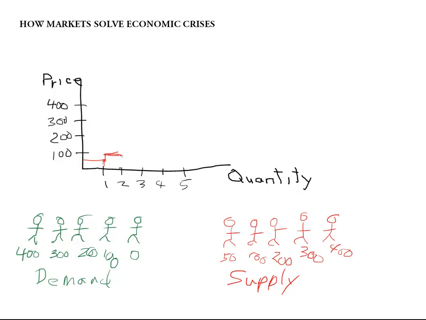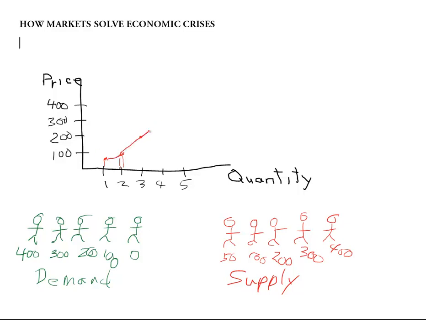And then for the third one, 300. Really, it's right here. Okay, we're going to make it look a little bit neater. Just to avoid confusion, we'll just draw these lines right here.